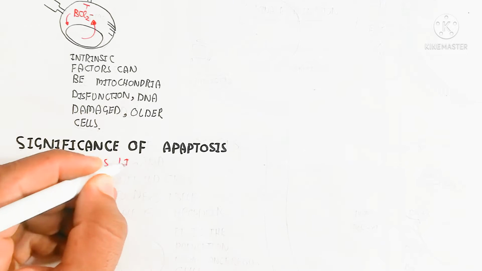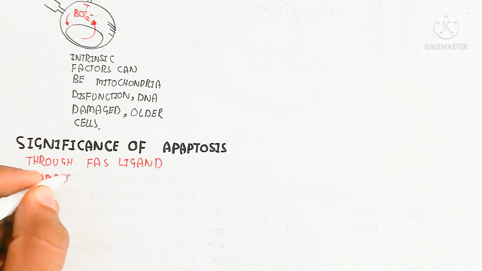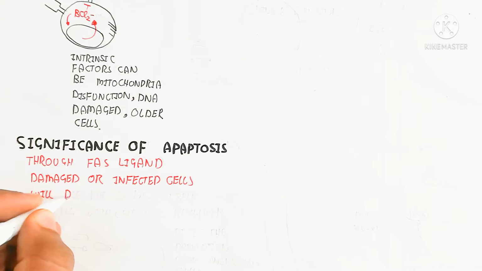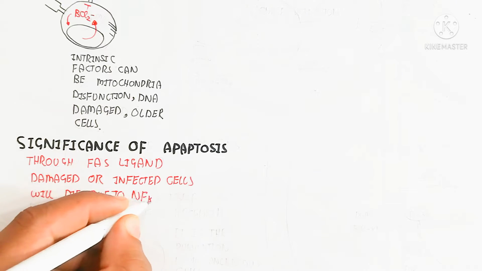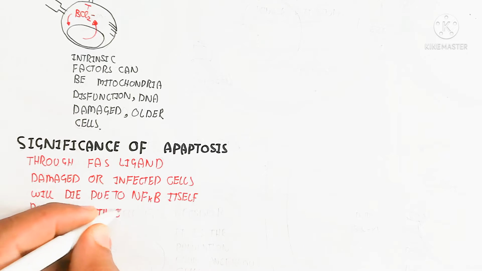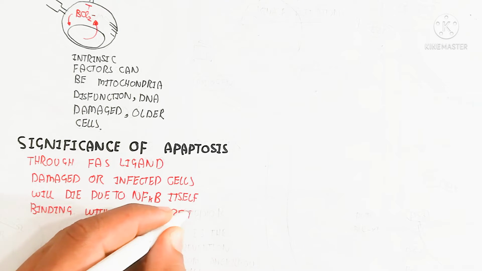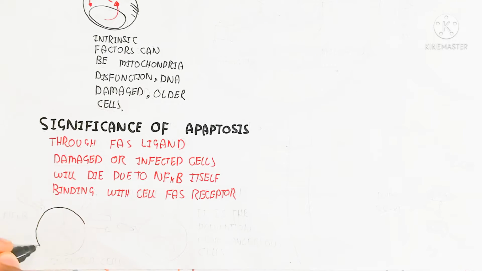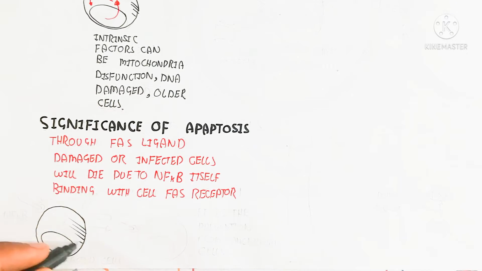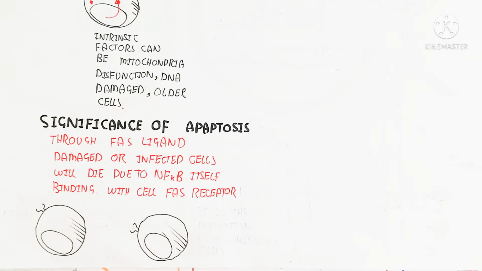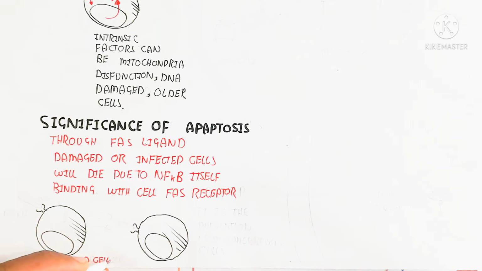The intrinsic factor can be mitochondrial dysfunction, DNA damage, and older cells. The significance of apoptosis is that through Fas ligands, damaged or infected cells will die through necrotic factor kappa B binding with the cell's Fas receptor.